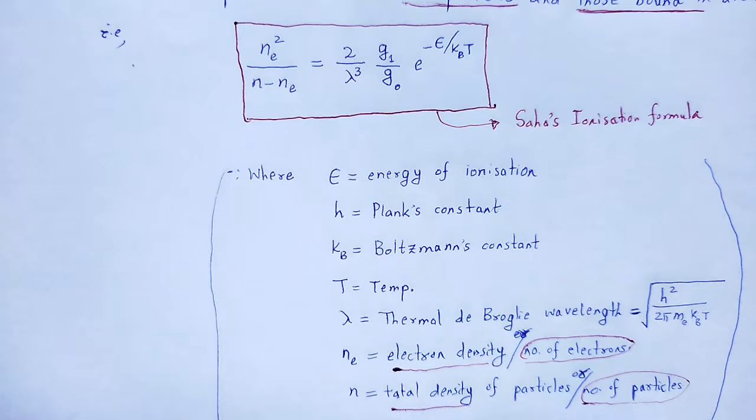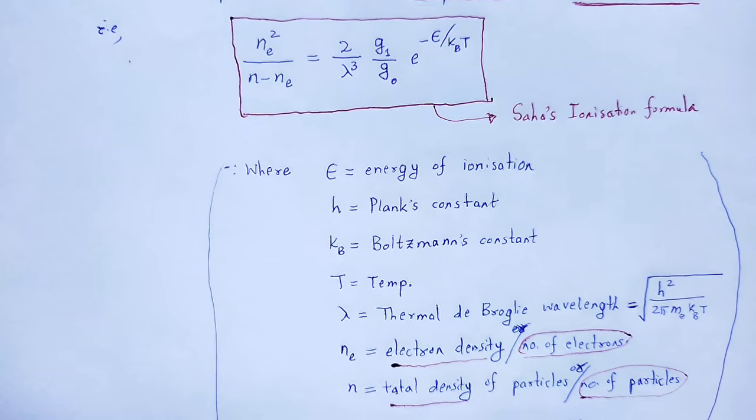According to Saha, the temperature is extremely high and the elements present inside the stars are in the atomic state, and most of the particles present inside the interior of stars undergo frequent collisions. During those collisions, what happens? They are stripped of valence electrons.